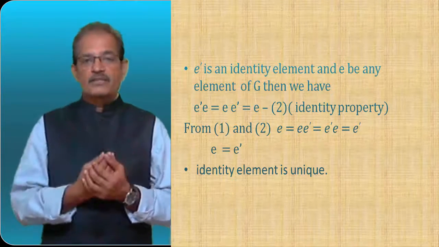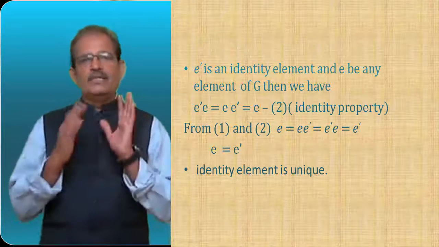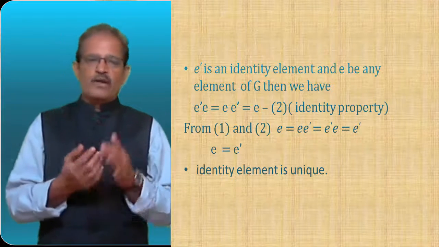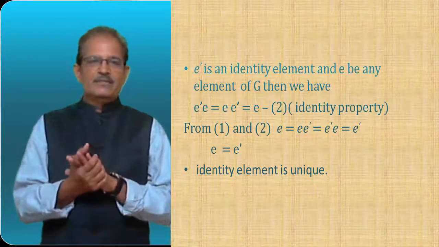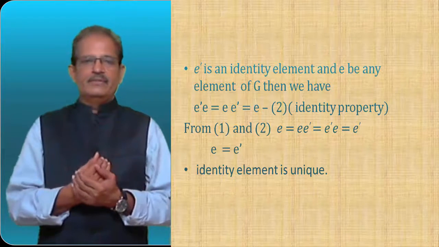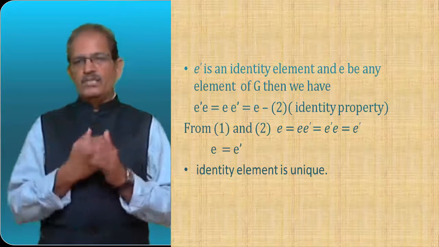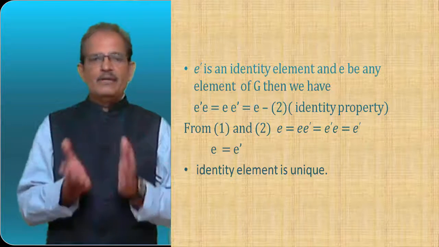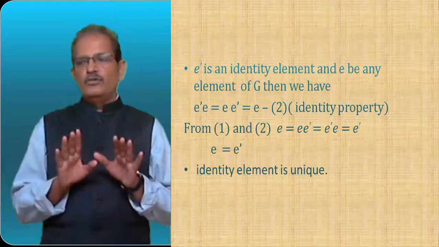So that means E must be equal to E dash. So what your assumption is, there are two identity elements E and E dash. At the end what did you get? E is equal to E dash. So this proves identity element of a group is unique.